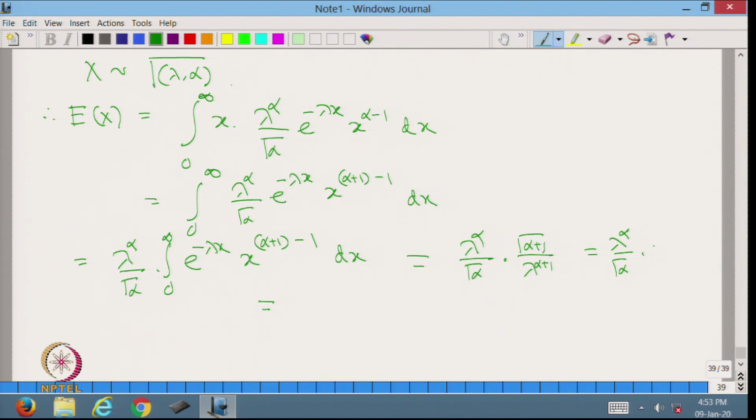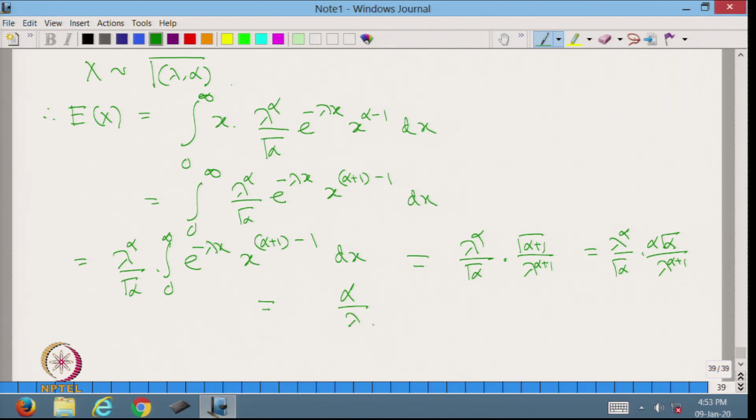And we know from the properties of the gamma integral that gamma alpha plus 1 is equal to alpha gamma alpha, divided by lambda power alpha plus 1, which is equal to alpha over lambda.